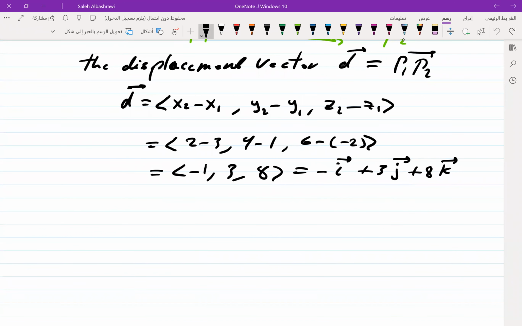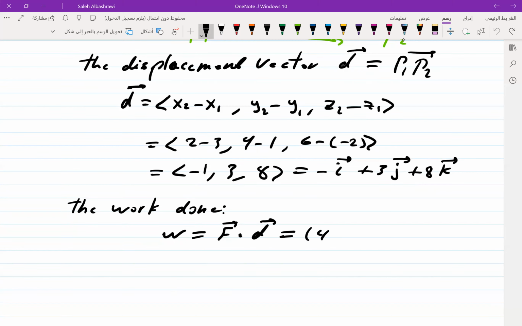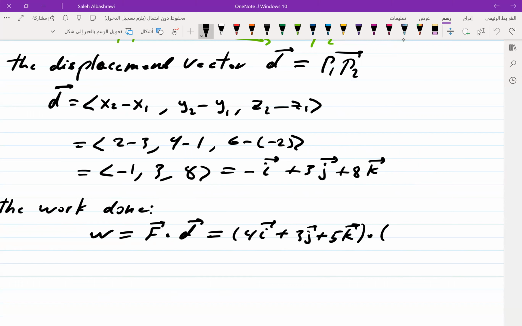So the work done is equal to F dot D. It is given by 4i plus 3j plus 5k dot D, which is minus i plus 3j plus 8k.